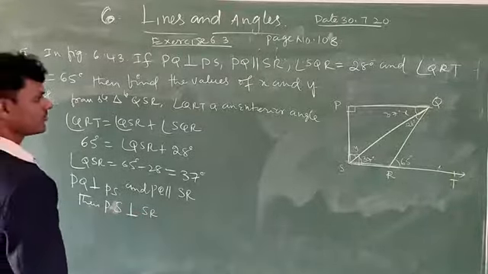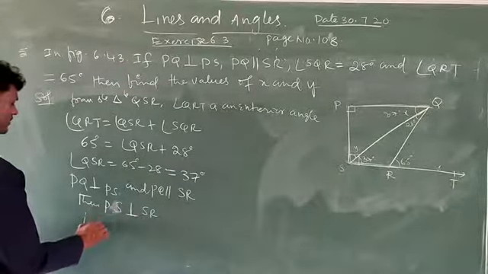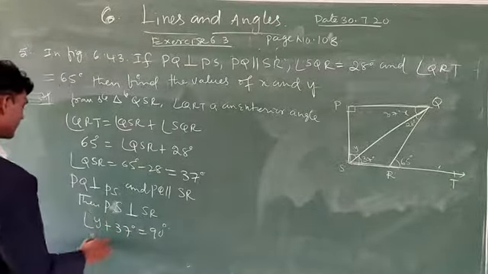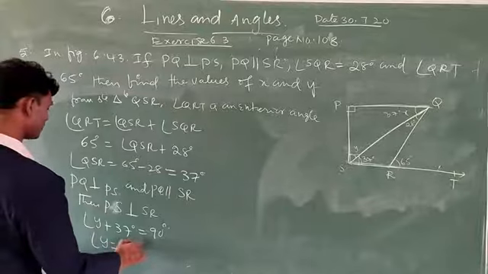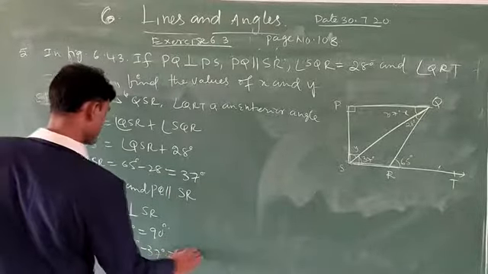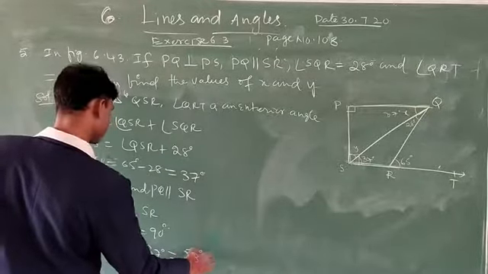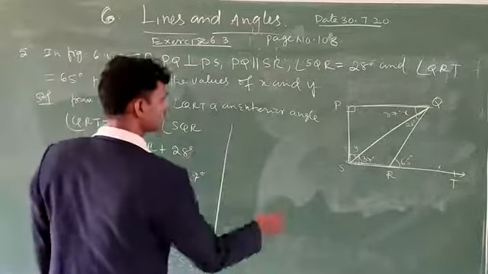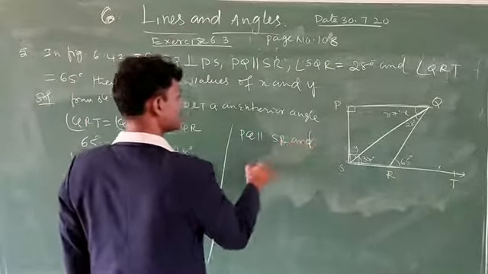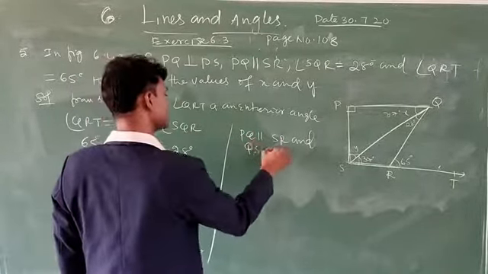Then angle Y plus 37 degrees is equal to 90. Then angle Y is equal to 90 minus 37, which is equal to how many degrees? 53 degrees. Next, see here, PQ is parallel to SR and QS is a transversal.